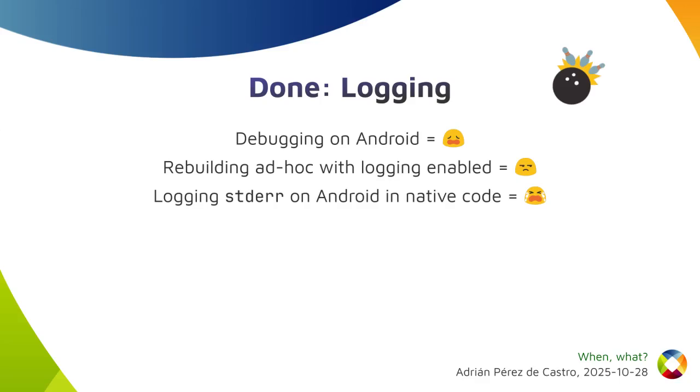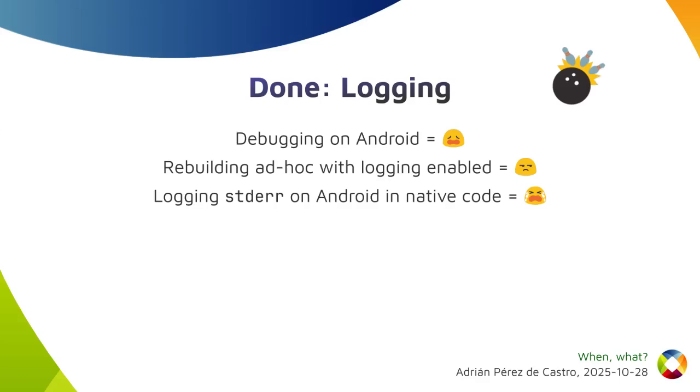Only the release logging is enabled, but not the rest of the things. And then standard error logging on Android is possible if you're working on Java, but if you're working on native code, it doesn't go anywhere. It basically goes to dev null. There are ways to go around this, but they imply a development setup, custom scripts, custom builds, etc. And it was not convenient, basically.